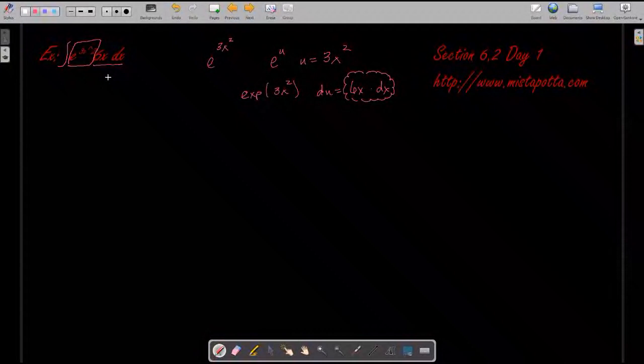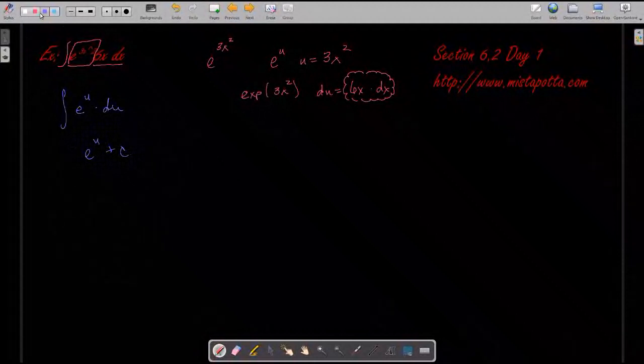So this problem becomes the integral of e to the u du. And it's a very straightforward antiderivative. The antiderivative of e to the u would be e to the u plus a constant.